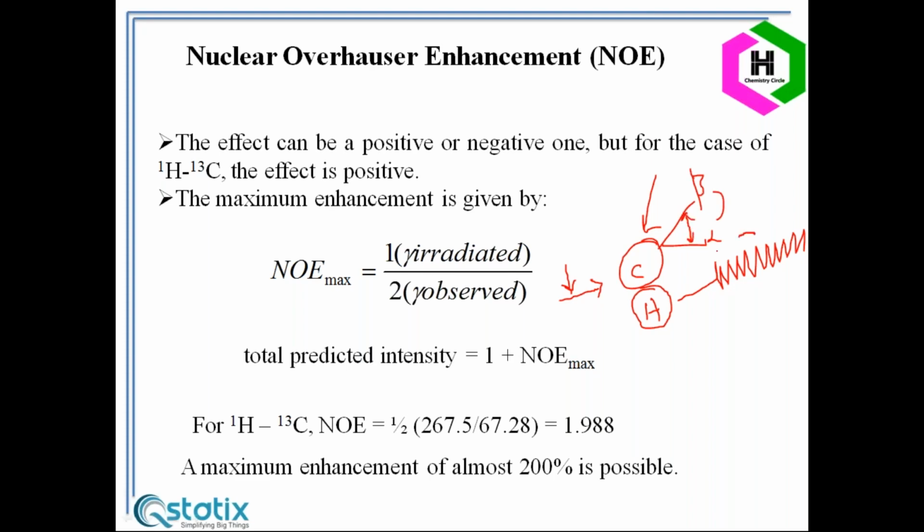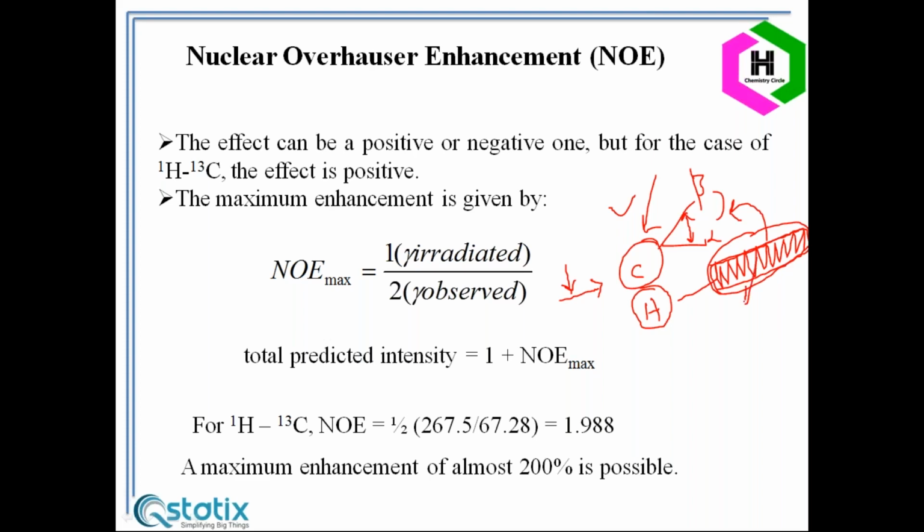So when your protons are in the saturated state and you give the second radio frequency to the carbon, the protons are not going to have any effect on this carbon nucleus because they are in the saturated mode. There is no energy differentiation between the lower and higher state for any proton. All are equal.